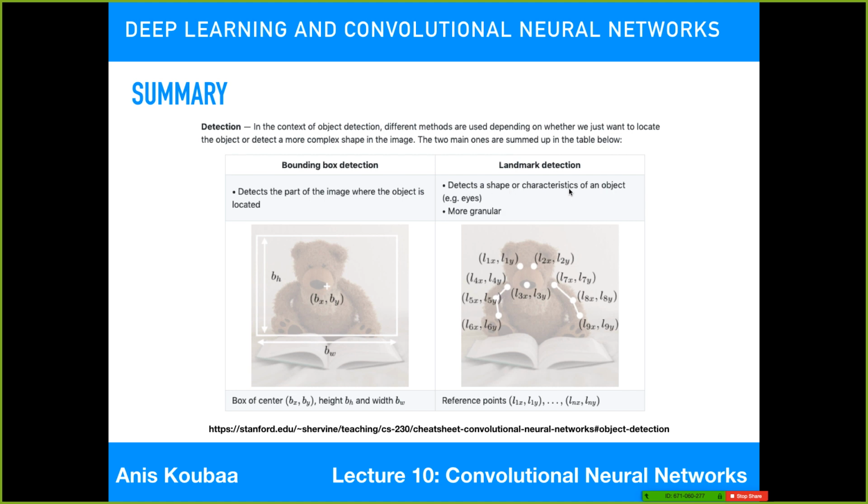We detect a shape or a characteristic of an object. For example, we can put landmarks like the eyes or the different joints of the body and so on. This is what we also call embedding for face recognition. We try to extract some reference points from an image, and these reference points will later be used for the detection or for the classification. Okay, so we will talk about landmark detection in more detail later.